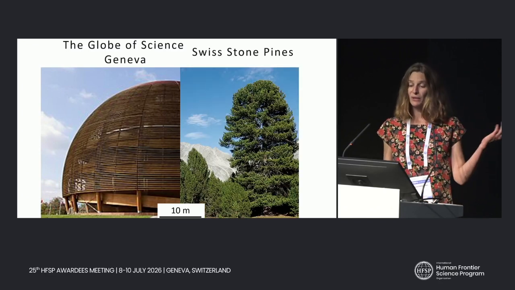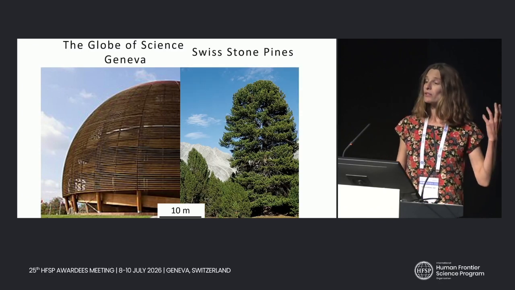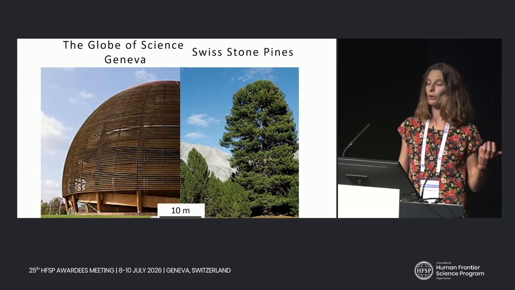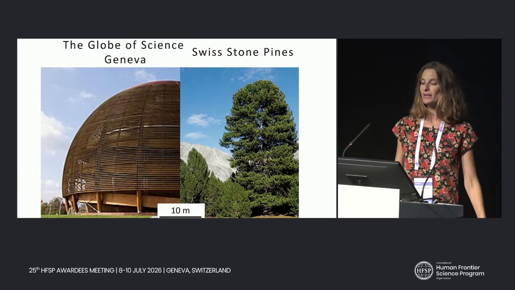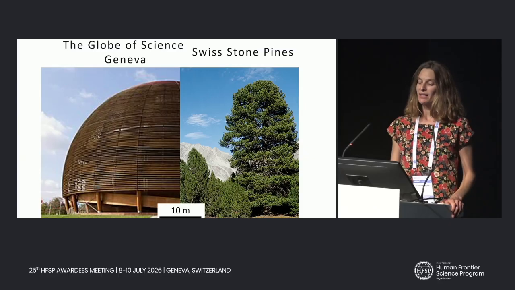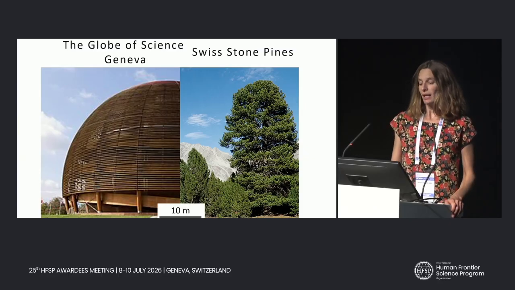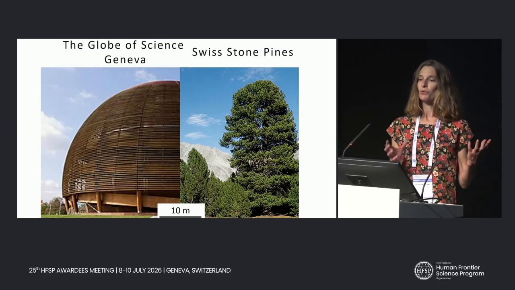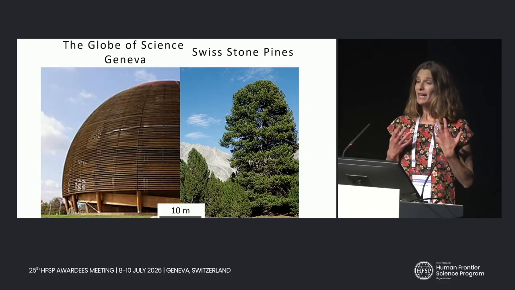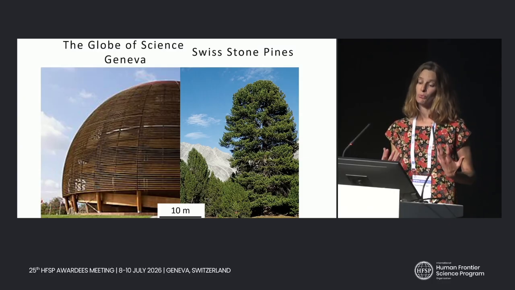But at the same scale, you can find such a strong and robust structure in nature, like the Swiss stone pines. And what is amazing is that this natural structure arises without an external blueprint.